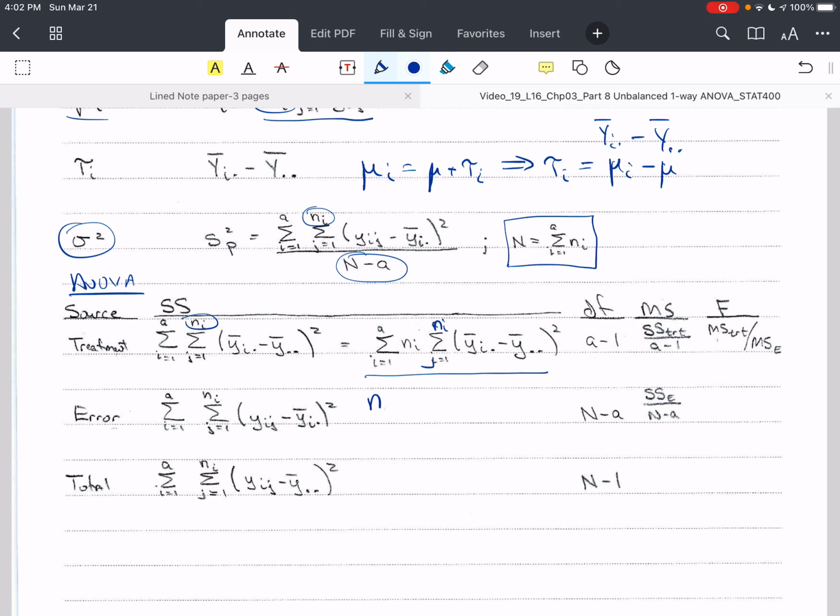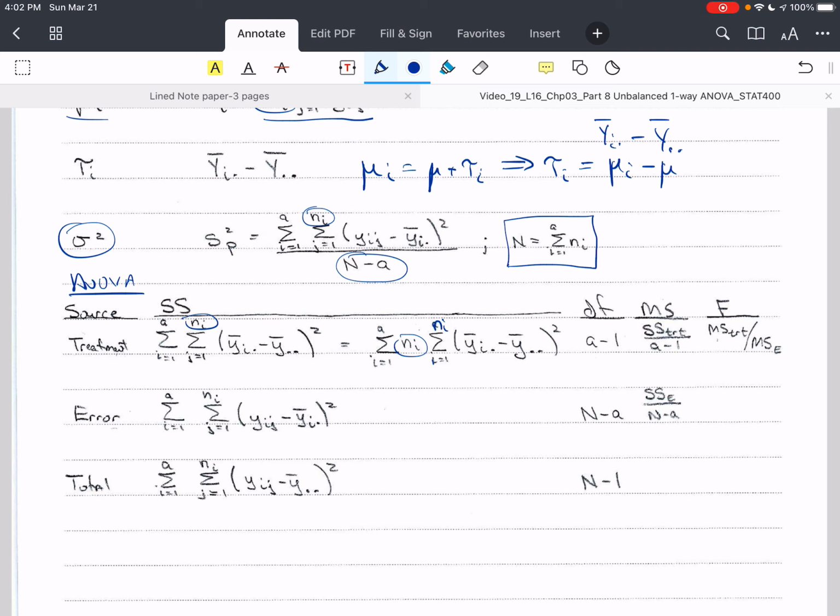In the balanced case, it becomes n times the sum of (y_i dot bar minus y dot dot bar) squared, and i equals 1 to a. So that's the balanced case. We can't simplify it to that level because n has a subscript on it, so it has to stay in here.